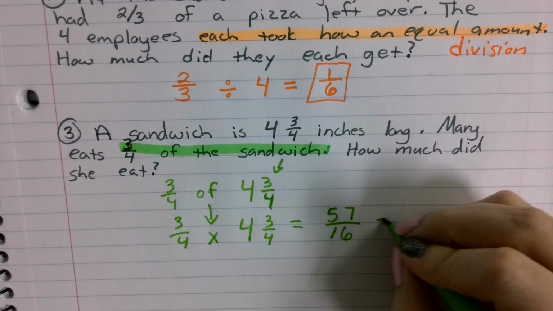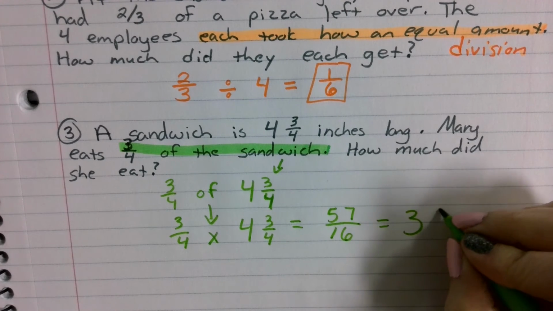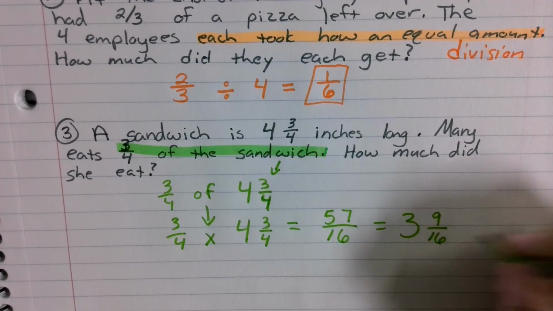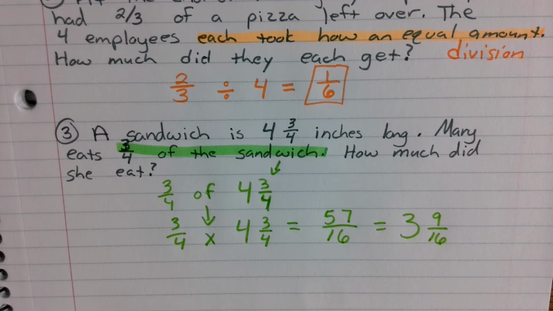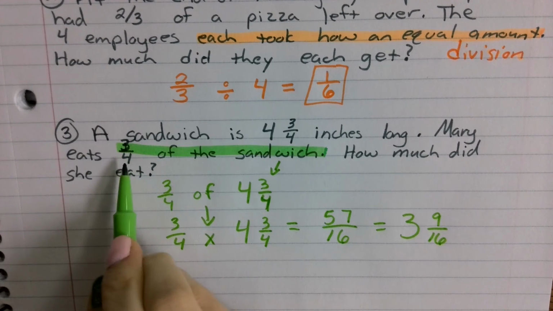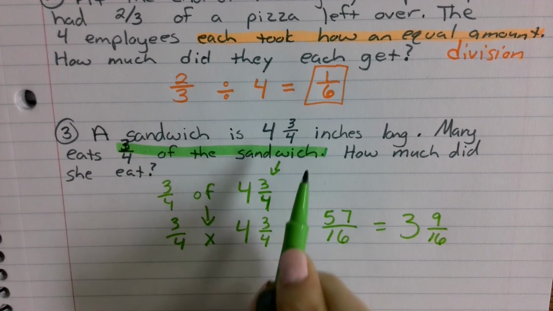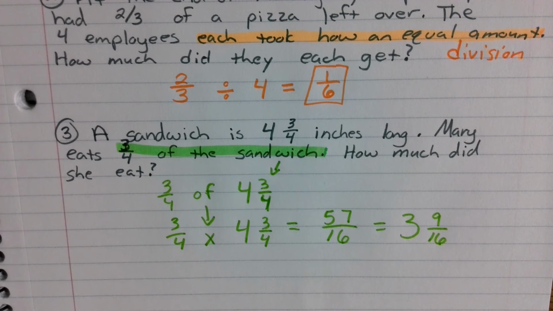You'll convert it, and it becomes 3 9/16. So again, that term, a fraction of a value, is multiplication. You're just going to be multiplying.